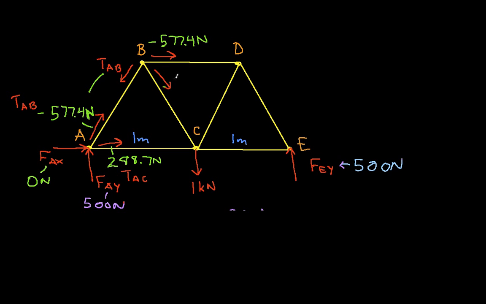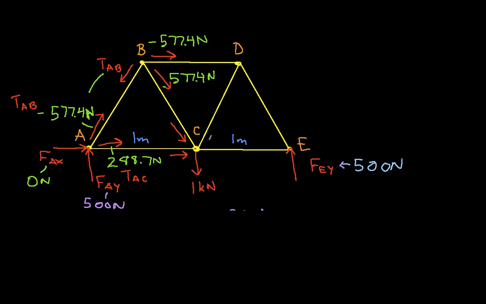TBC ended up being 577.4 newtons. Okay, so again, we're making great progress here. The next thing we'll do is we'll look at joint C and do a free body diagram there. And we know TBC, we know TAC.